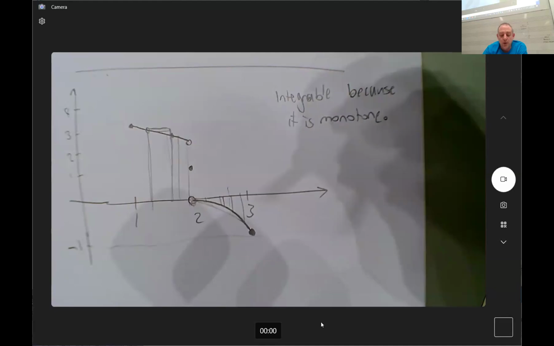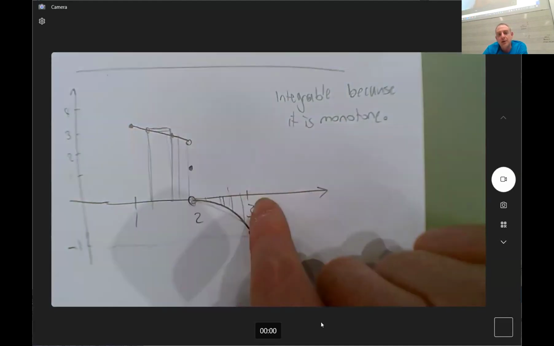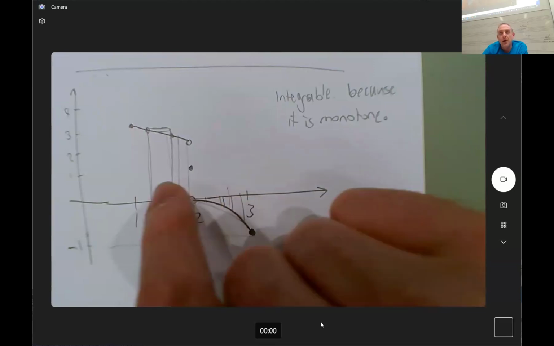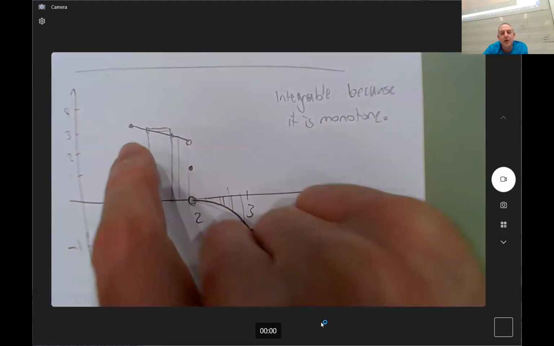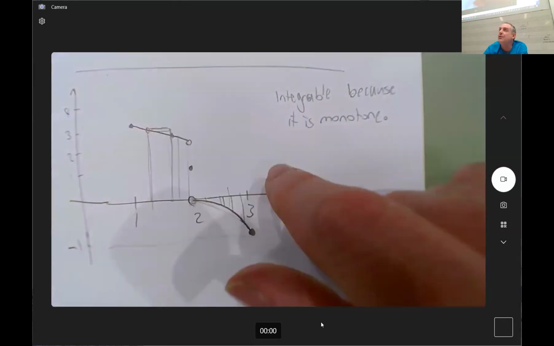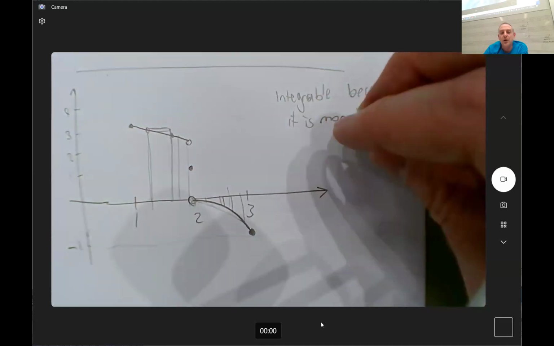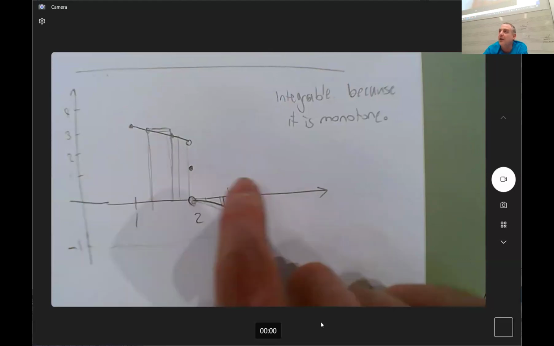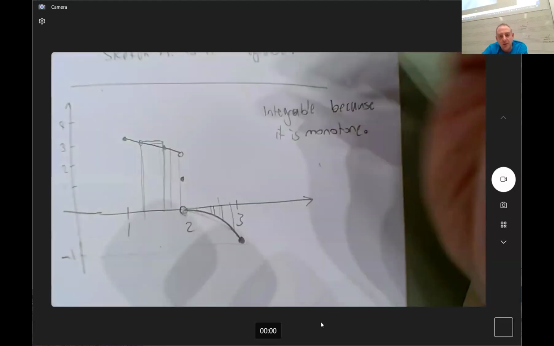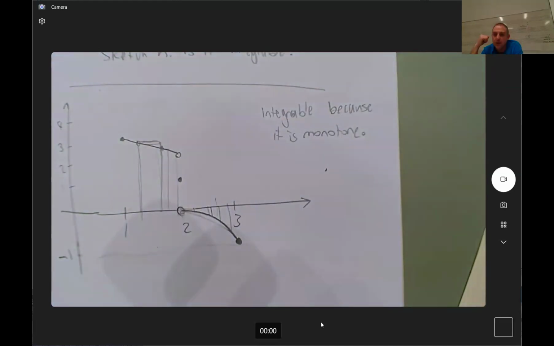And so the supremum on every interval is the infimum on the next, the infimum on every interval is the supremum on the next interval, and so the difference between your upper sum and your lower sum is just the difference between this height and this height, times the little width, right? Because you multiply them all by the width that goes with them, yeah? Oh, crap.